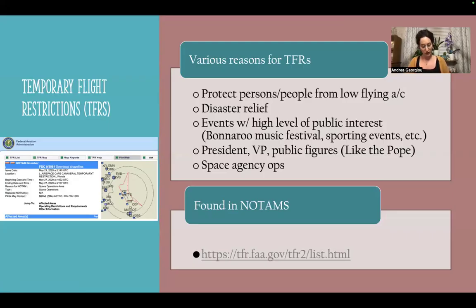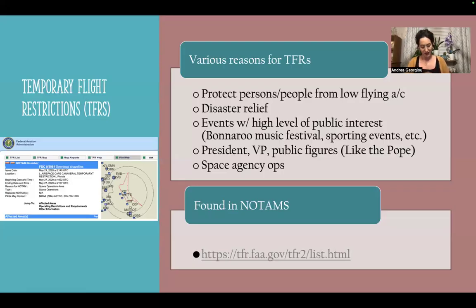And then, of course, number 4 says national disasters for humanitarian reasons in the state of Hawaii. And then number 5, protect the president and vice president. And it's sometimes public figures. One example, a few years ago, the Pope came to Chicago and they had a TFR.